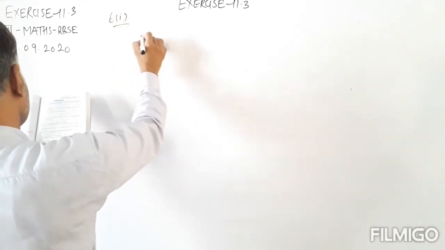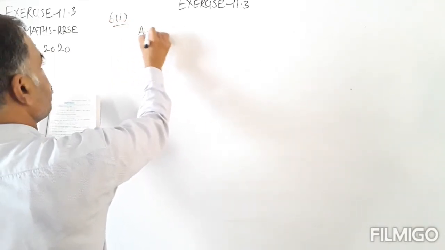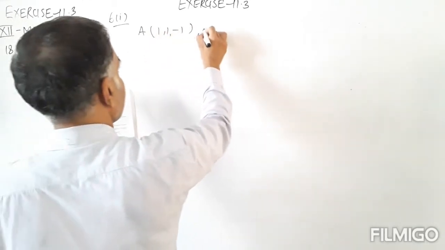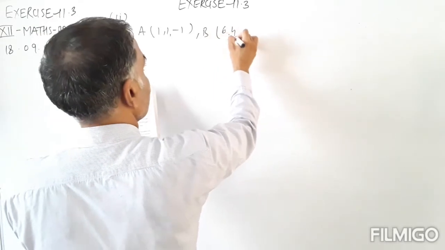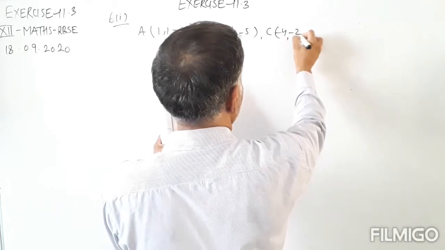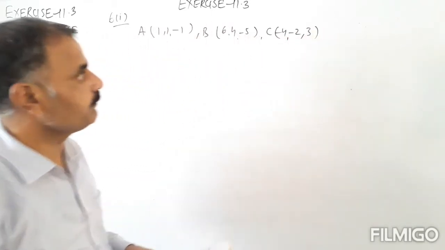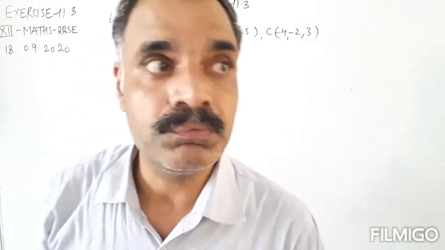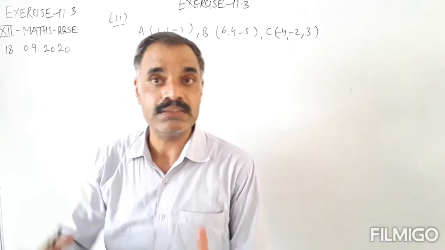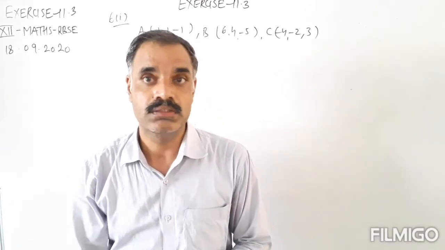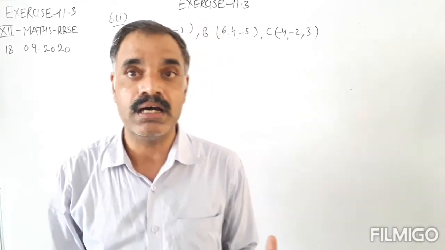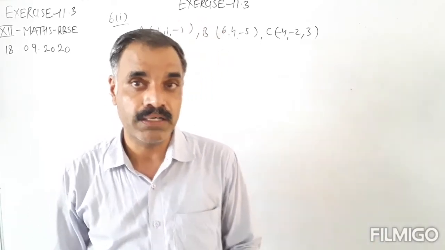Point A is 1, 1, minus 1, point B is 6, 4 and minus 5, and point C is minus 4, minus 2 and 3. We have to find the equation of the plane in Cartesian form, not in vector form.